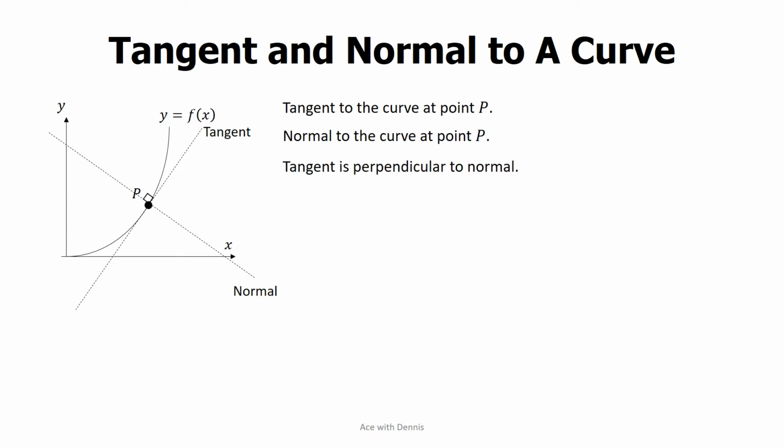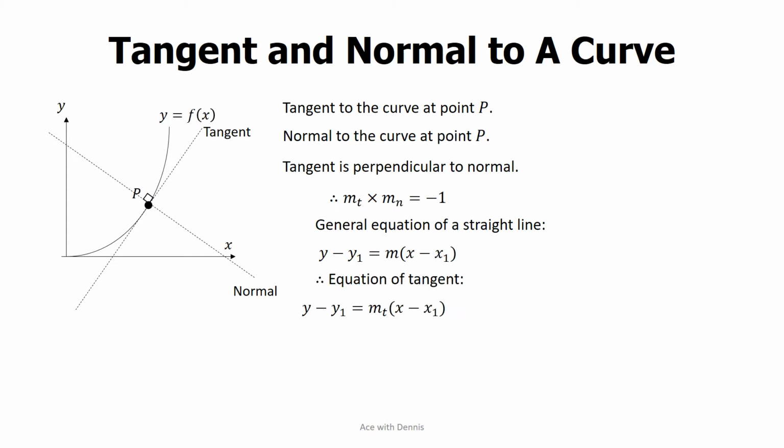Normal to the curve at point P will be perpendicular to the tangent. This is the normal. So tangent is perpendicular to normal, therefore the gradient of the tangent multiplied with the gradient of the normal equals -1. The general equation of a straight line, which we have learned in coordinate geometry, is y minus y1 equals m(x minus x1).